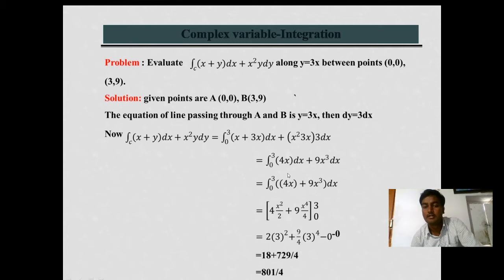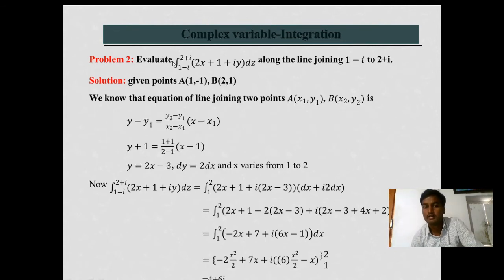Then you multiply and simplify. Everyone knows the integral of x power n dx is x power n plus 1 by n plus 1. This is a definite integral, so you have to use limits also. First use the upper limit, then minus the lower limit, then you simplify and get the answer, right?